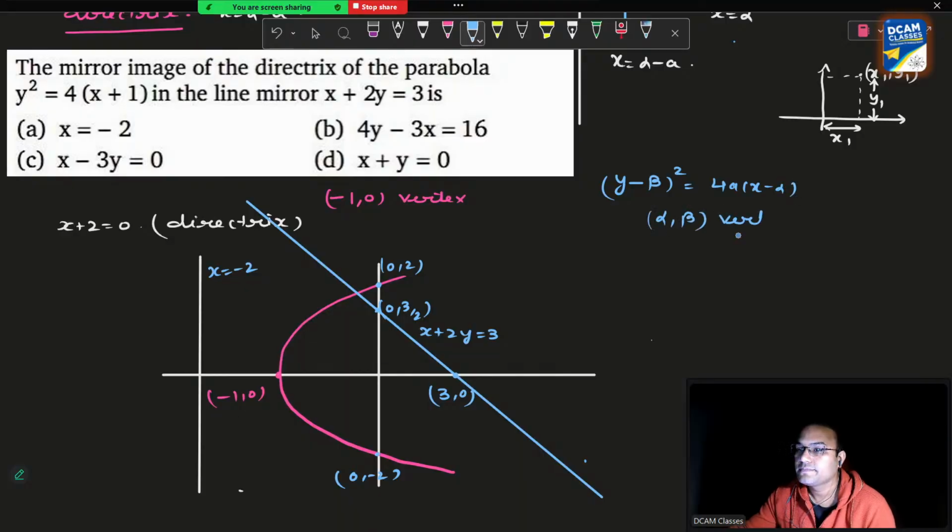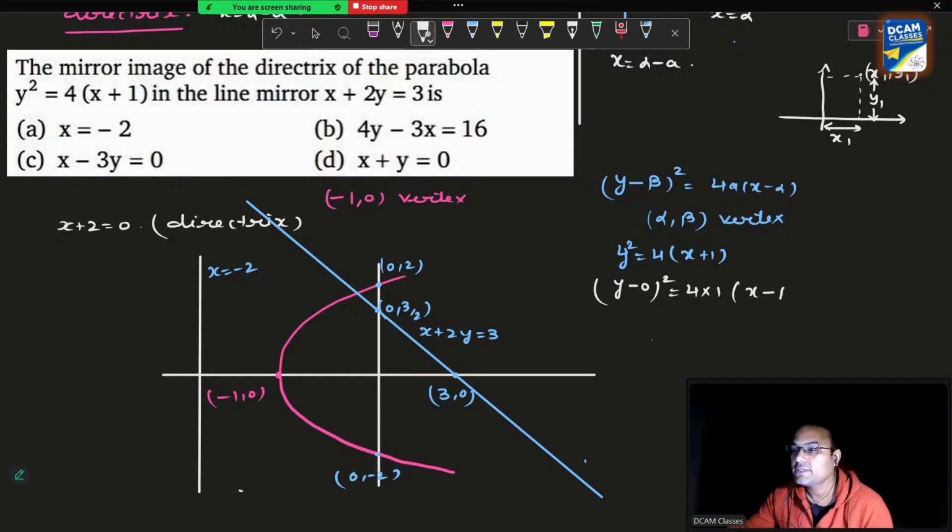Correct? Now the given equation for us is y square is equal to 4 into (x plus 1). So this is (y minus 0) whole square is equal to 4 into 1 into (x minus of minus 1).